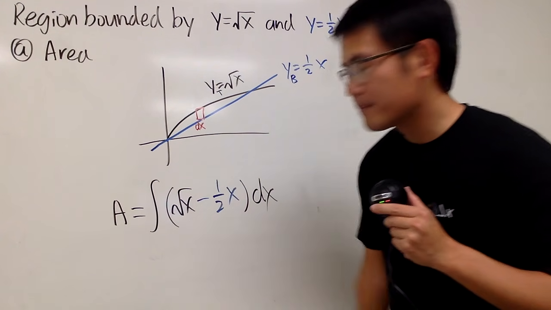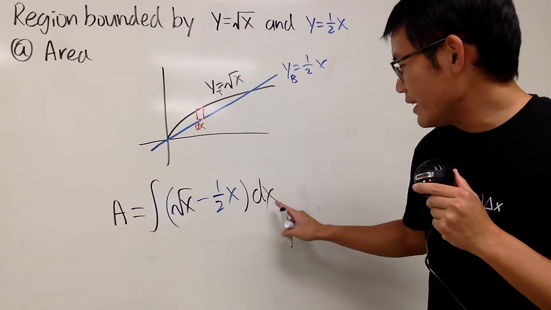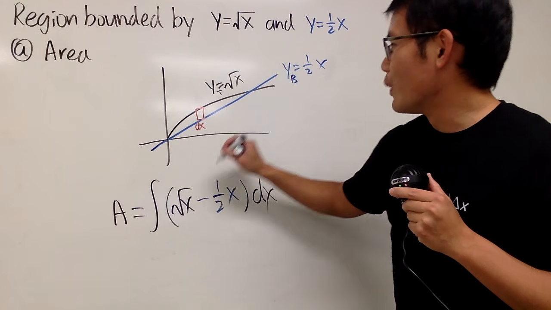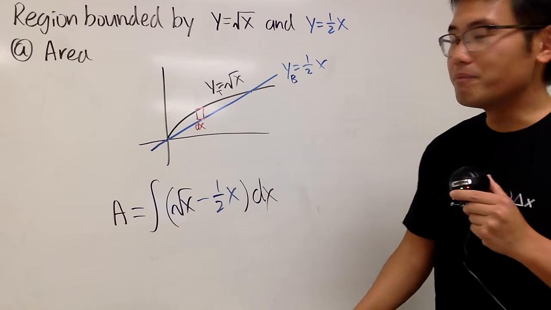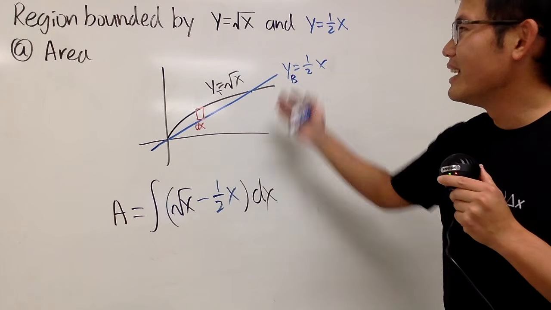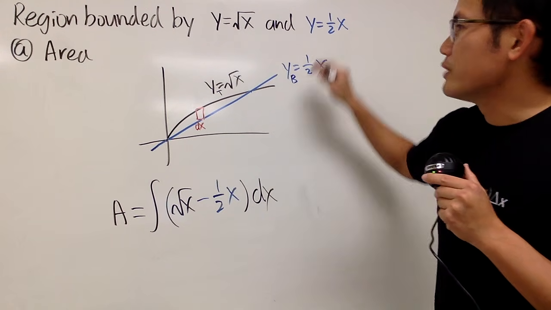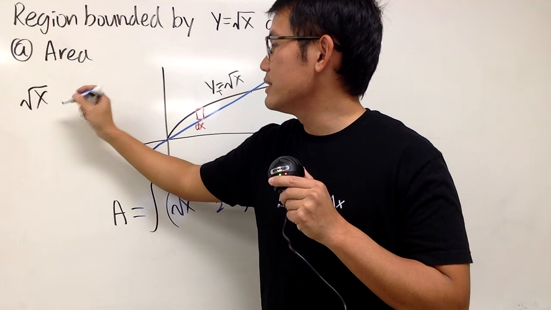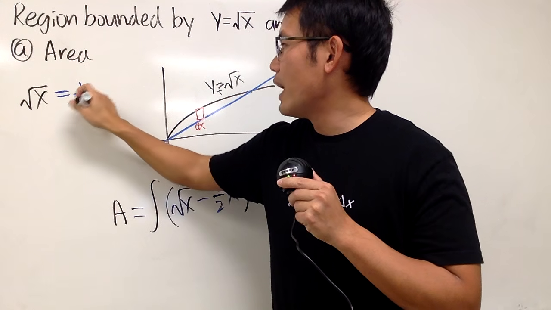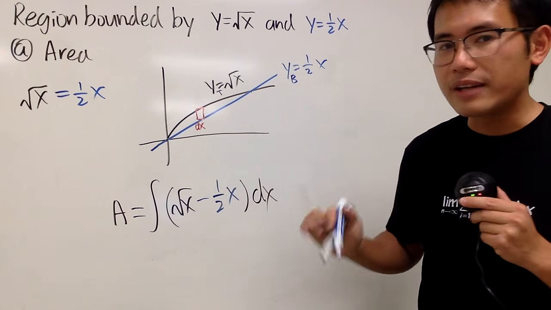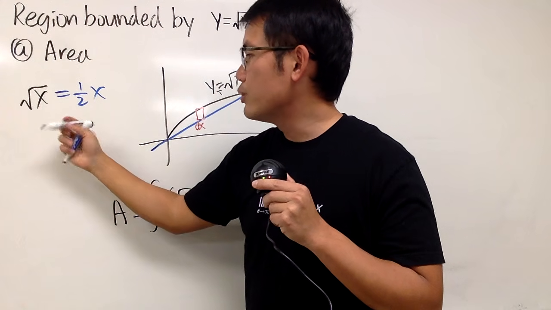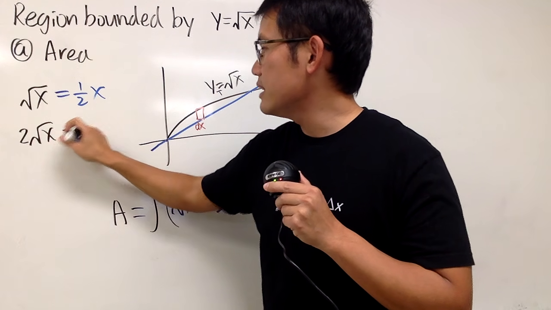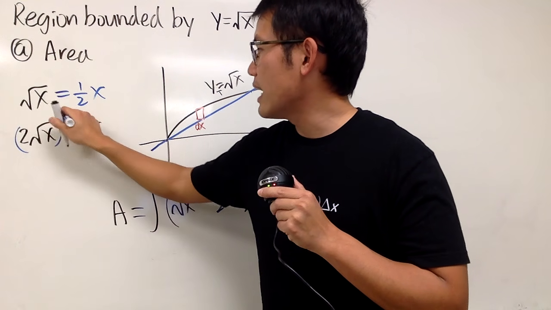Anyway, integrating, because we're in the x world, we have to find out what the x value is from here to here. So we have to solve some equation. I'm going to set these two equations equal to each other, and let me do it on the side. Square root of x equals 1/2 x. Multiply by 2 on both sides: 2 square root of x equals x, and then square both sides.